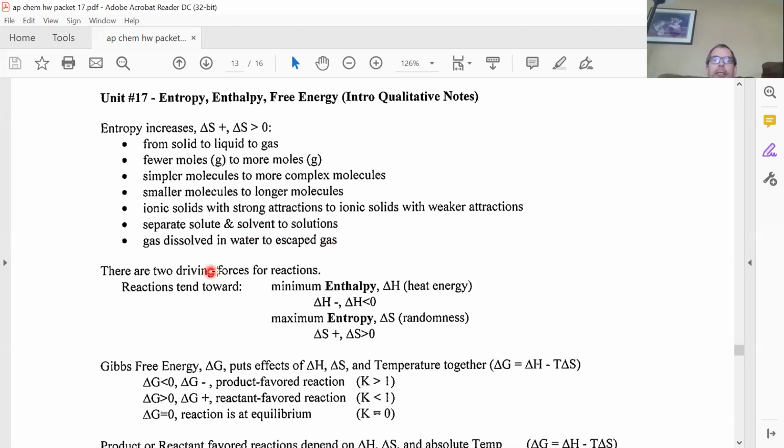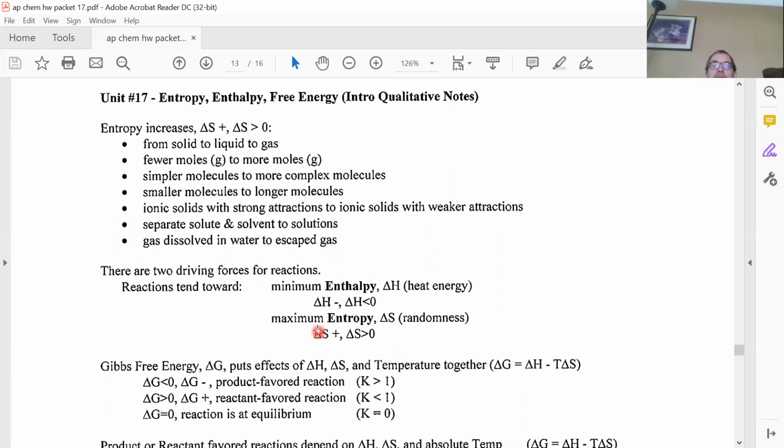Okay, so reactions essentially have two driving forces to proceed toward the products. We look at the enthalpy, which is the heat energy, and we talked about how things want to go from a higher to a lower heat content, where exothermic reactions are the ones that are thermodynamically favorable toward the products, if that were the only factor we were considering.